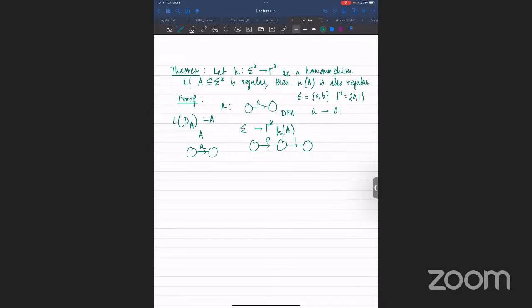I'm constructing another finite state automaton. So here, if I have A, I do 0, 1. Now the question is, if I do this, what am I going to get here? Is it a DFA or an NFA?